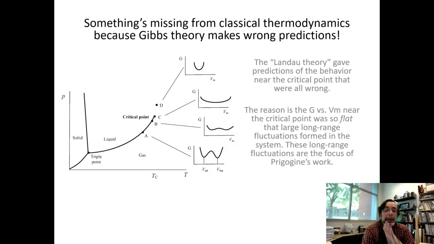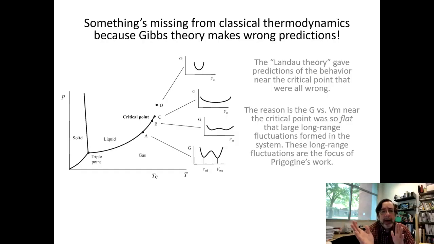And so one of the ways to look at the critical point is to make a graph of G versus molar volume, G versus V. And you see that you have 4 different graphs of the 4 different points right here. There was Landau theory, and it gave predictions of what would go on. They tried to match it up to experiment, and it didn't work, especially for point D, I believe.